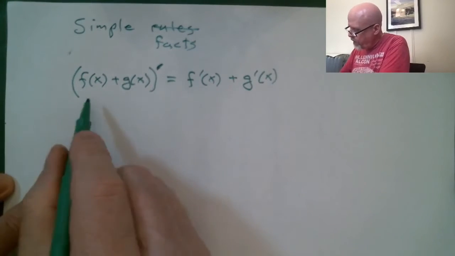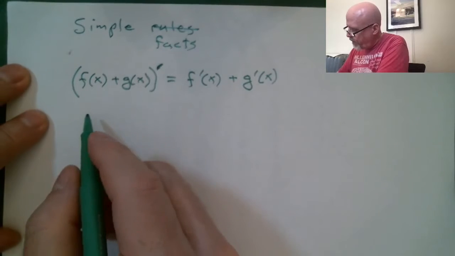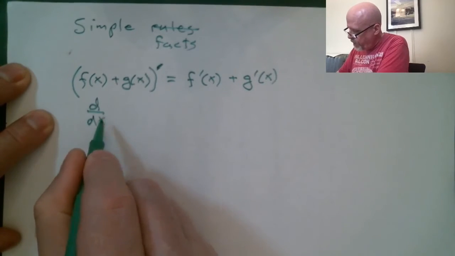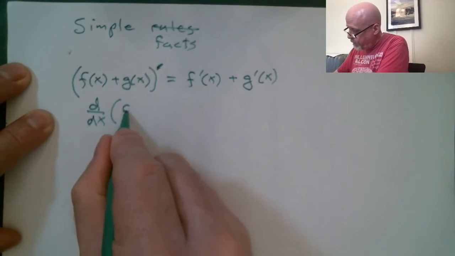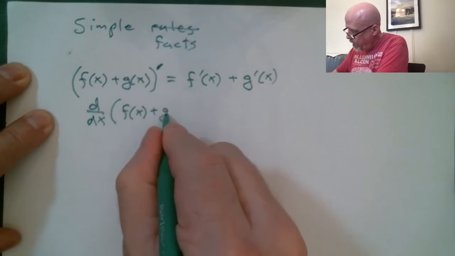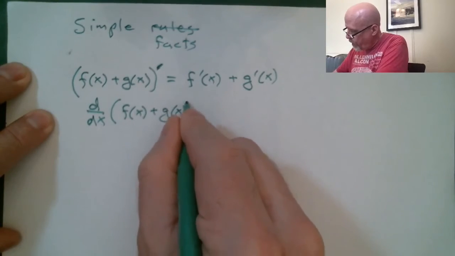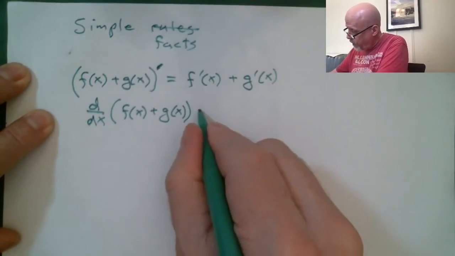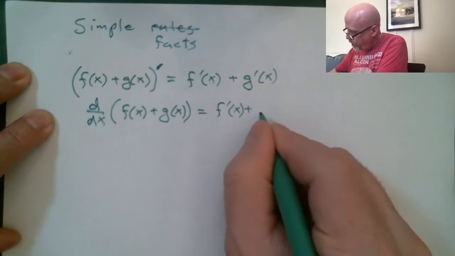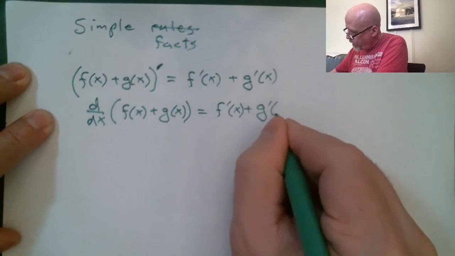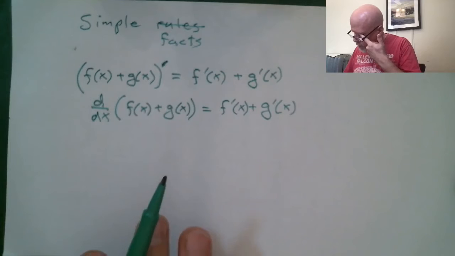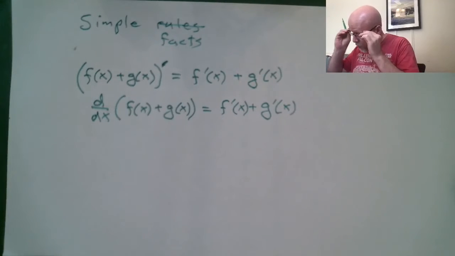The way they write this in the book is a little different, and I should probably write it and show it to you. They say if you're taking the derivative with respect to x of this sum, you can do what's on the right hand side here. You get f prime of x plus g prime of x. And while I understand why they wrote it this way, this is sort of like mixing apples and oranges.